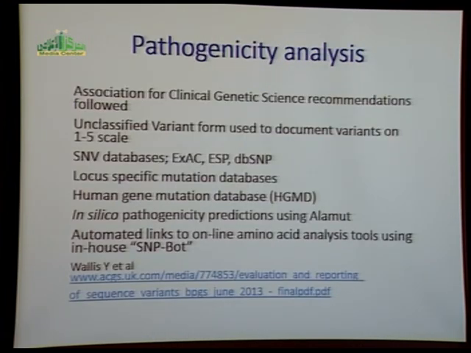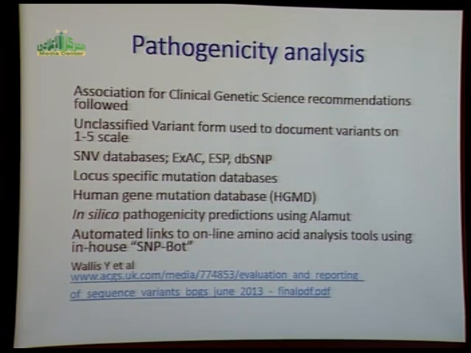For our pathogenicity analysis, we follow the recommendations of the UK Clinical Genetics Science Association. We document all our variants using a so-called unclassified variant form. We start with our locus-specific databases to see whether any variants have been identified in our gene of interest, and also use the Human Gene Mutation Database.